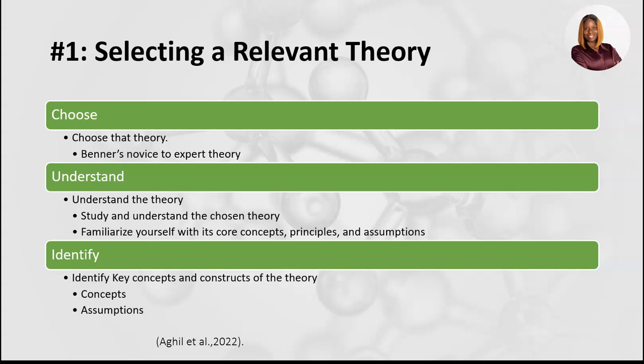I'm going to use the example of conducting a project or implementing a new strategy to retain nurses and move them from novice to expert, using a residency program that I'm implementing in a hospital setting.